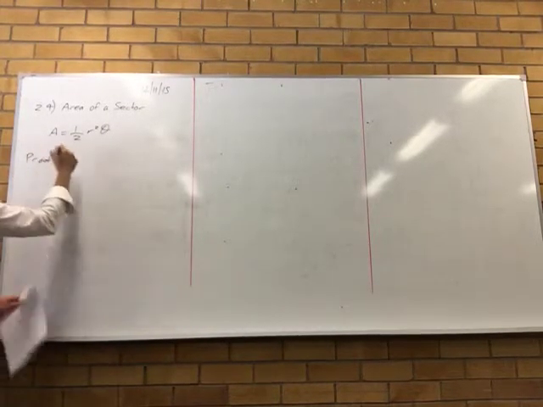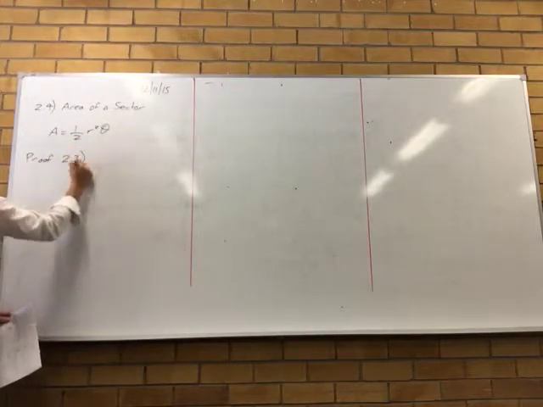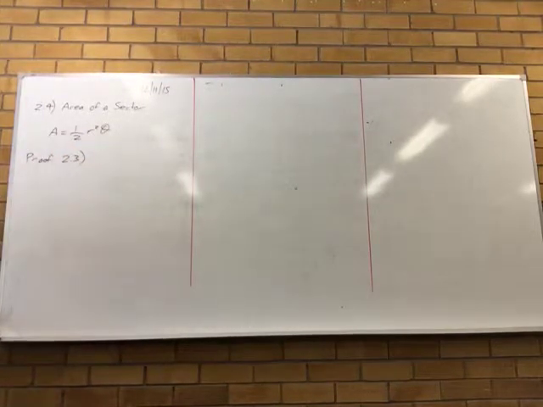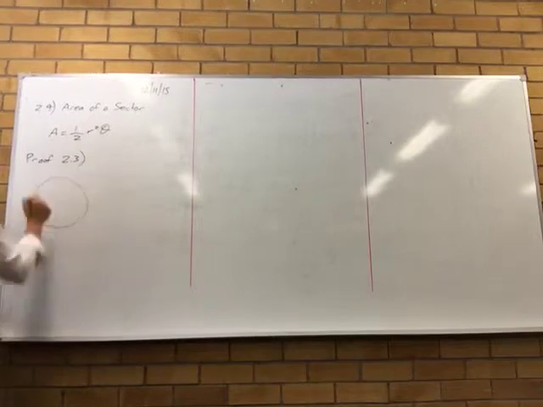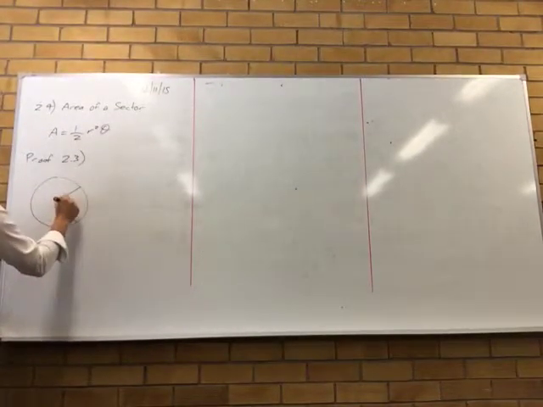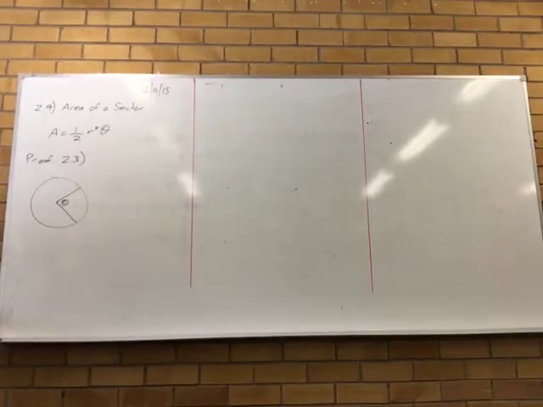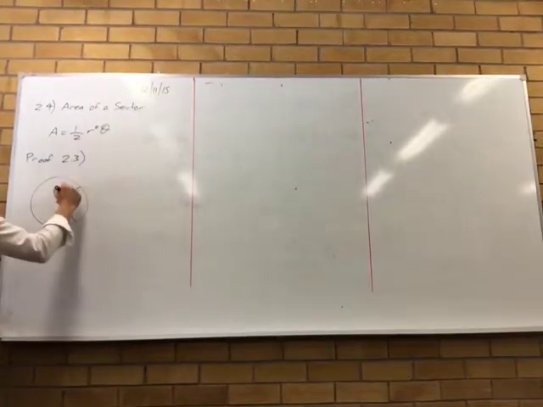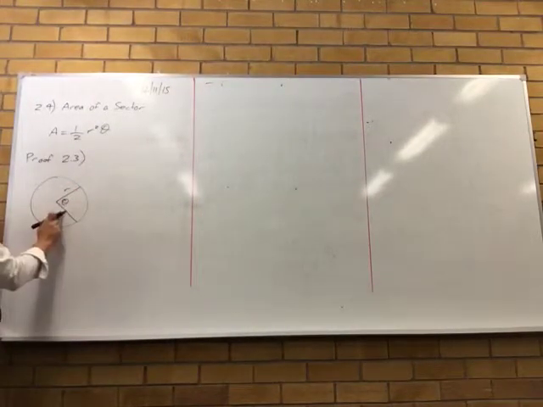Alright, proof 2.3. So I'm going to prove this using the similarity concept. I've got a circle, two radii that form an angle theta at the centre. We'll call the radius r.